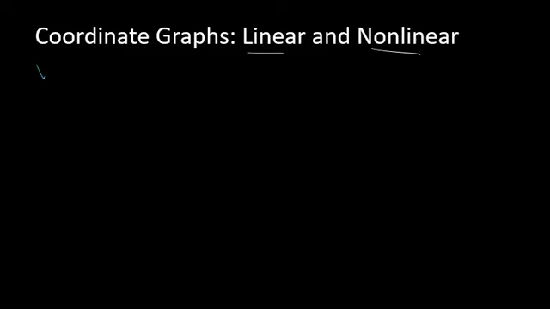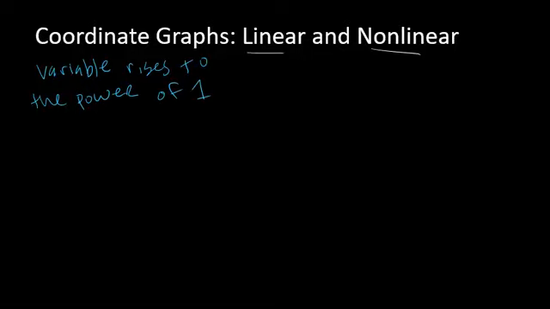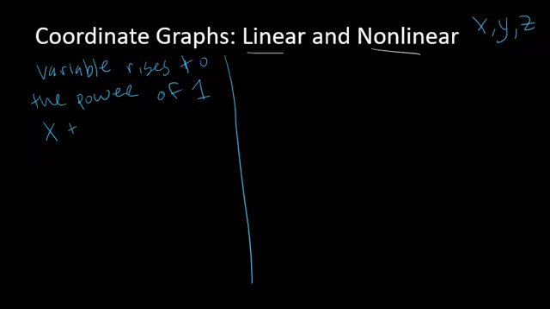So if the variable rises to the power of 1. Remember, a variable is the alphabet, right? X, Y, Z, right? If it rises to the power of 1. So this, for example, would be linear. Let's say it looks like this.